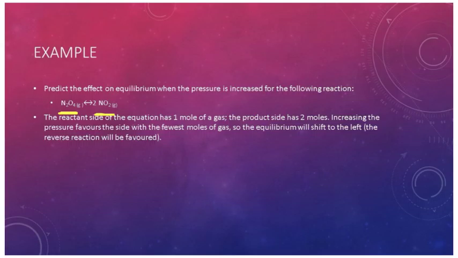That means the reaction will want to move to the side with the fewest number of moles, because the fewer number of moles will fit into a smaller size container. So our reaction is going to go to the left, or the reactant is going to be favored, which means the concentration of this will be increased.